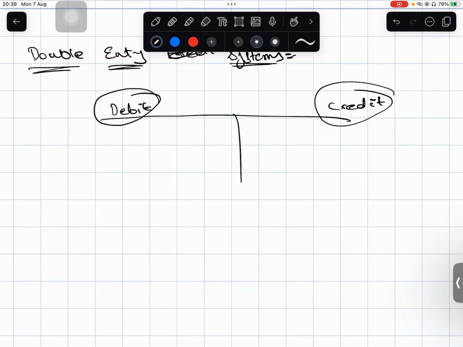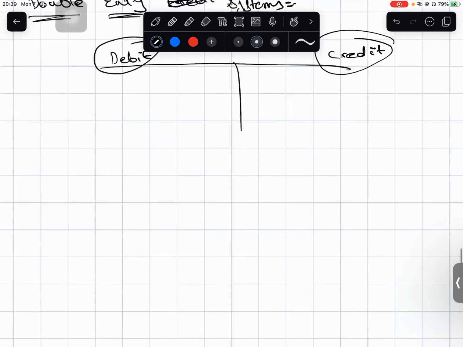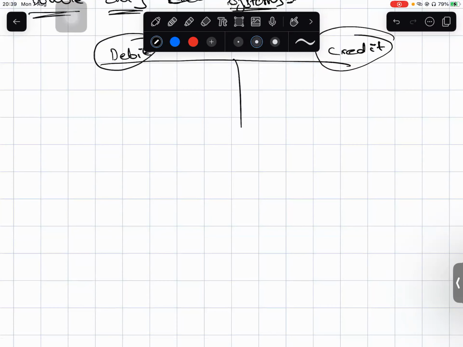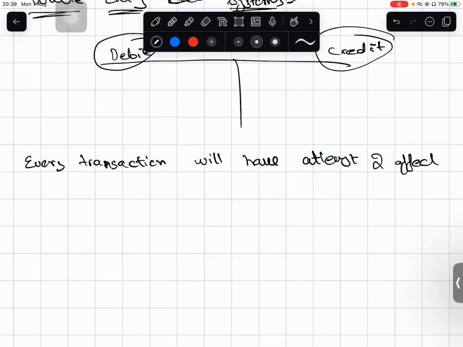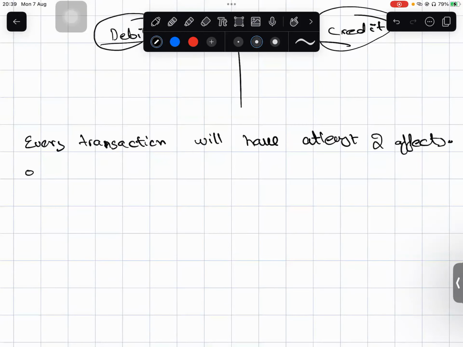What it implies is that every transaction will have at least two effects: one would be debit and one would be credit.